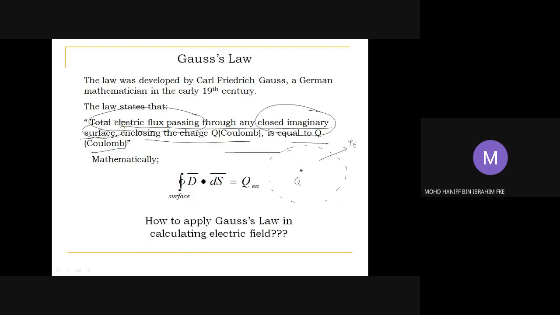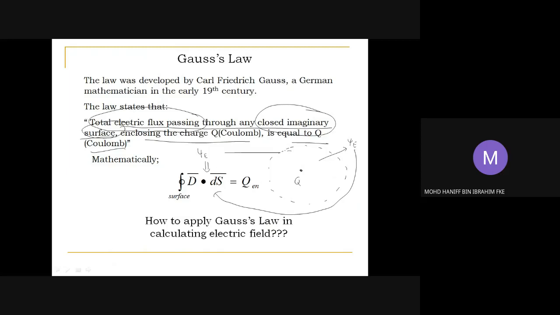This is the Gauss law. And this flux amount is given by the left-hand side, the closed surface integration of D dot dS, which has been proven from our previous slide. So D dot dS is equal to the total flux leaving the closed surface, and it shall then be equal to the enclosed charge.